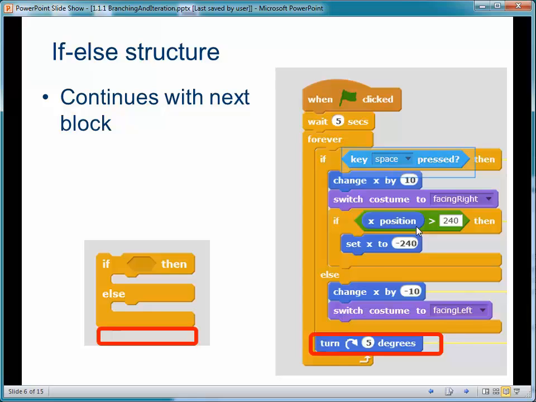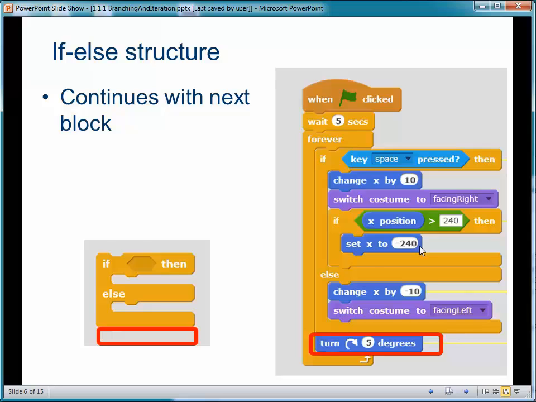So no matter whether that conditional is true or false, the very next block will execute. If the conditional was true, then the if chunk executes, and then program execution continues after the if-else structure. If the conditional was false, the else chunk executes, and then program execution continues after the if-else structure.